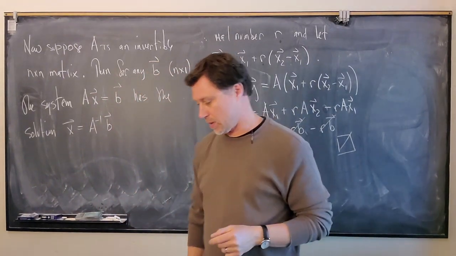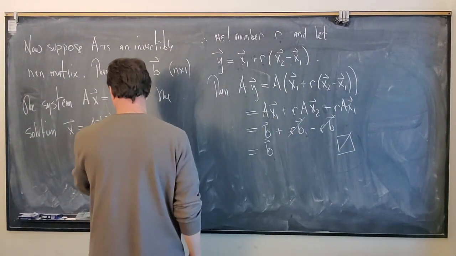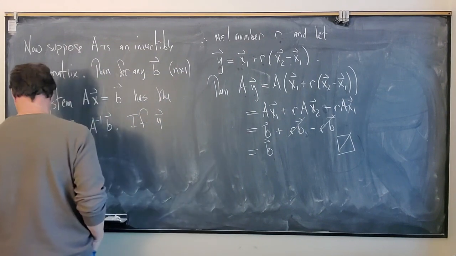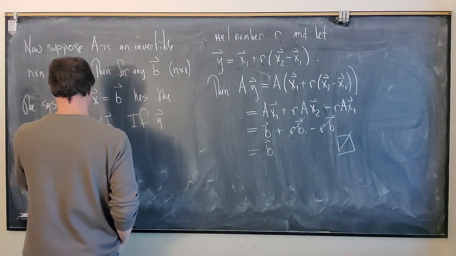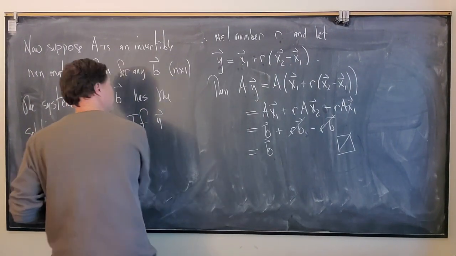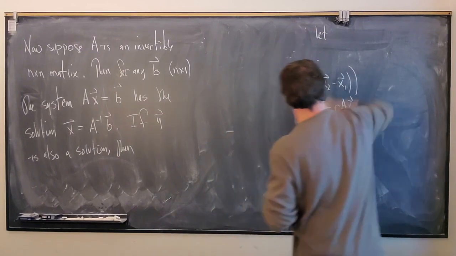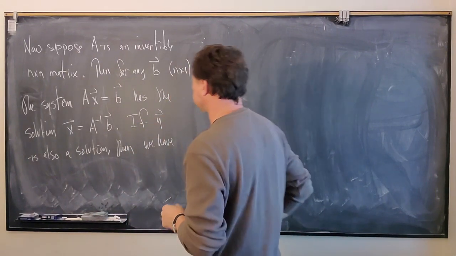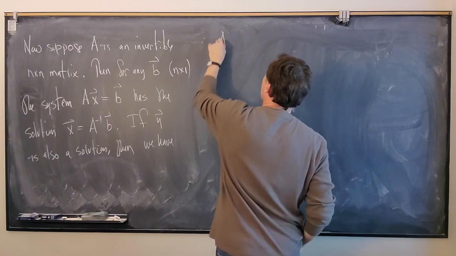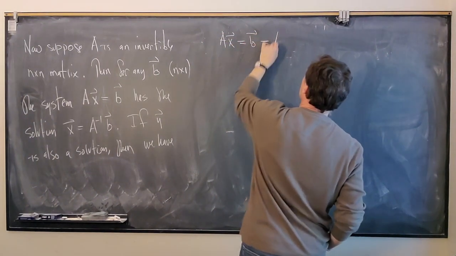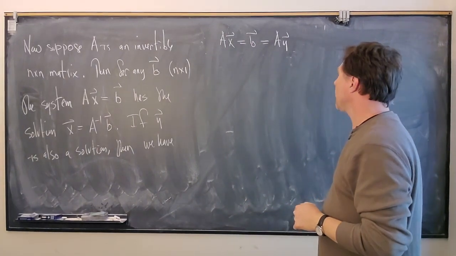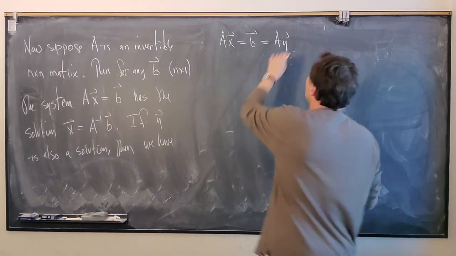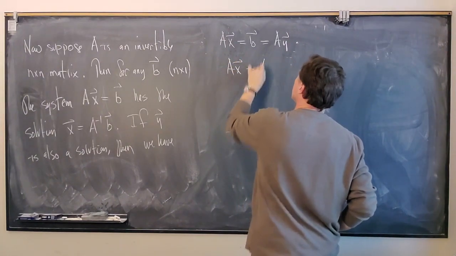X equals A inverse times B. Now, if y is also a solution, then we have AX equals B, which equals A times Y. So this tells me that AX equals AY.